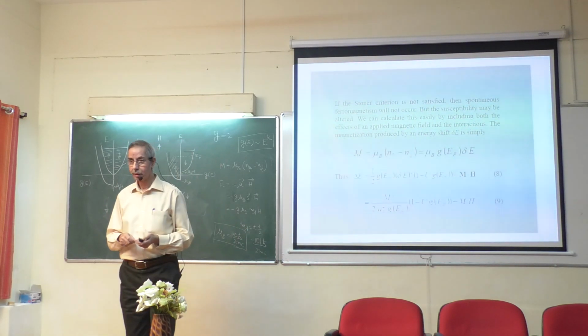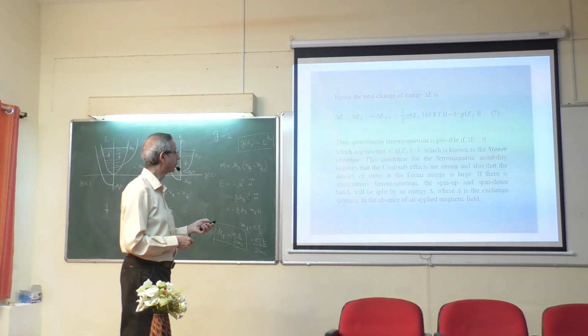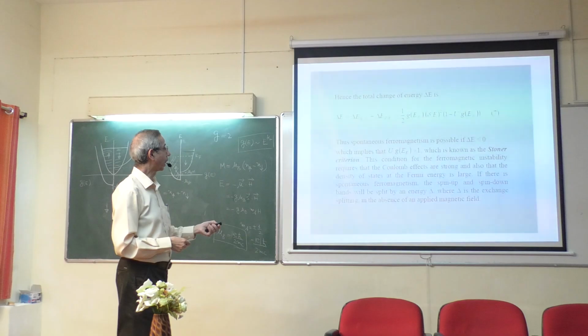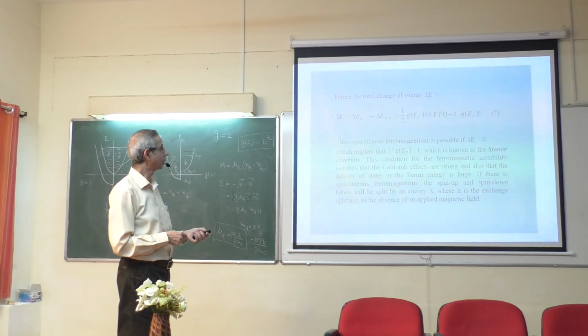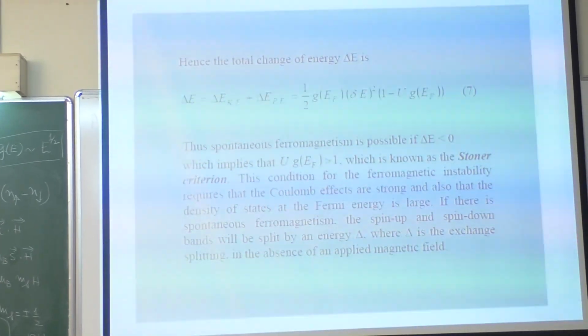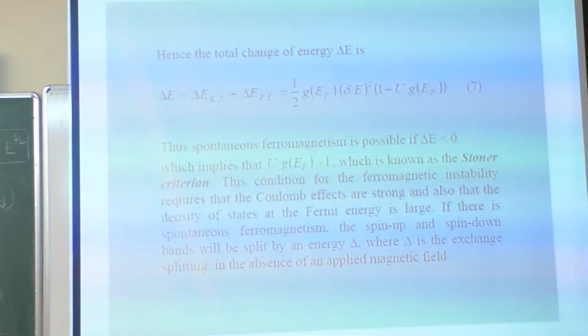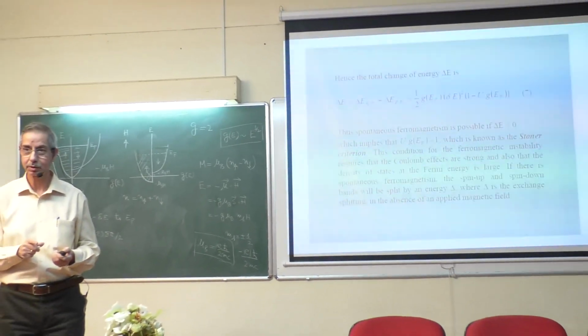I said that if this is large compared to 1, then only is there a moment in the system. That would require that both U as well as the density of states at the Fermi level be large. Otherwise, that condition will not be satisfied.